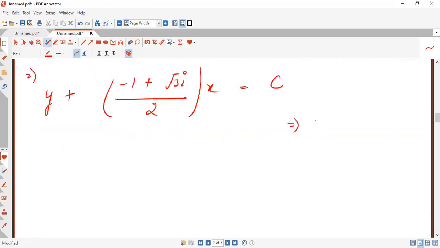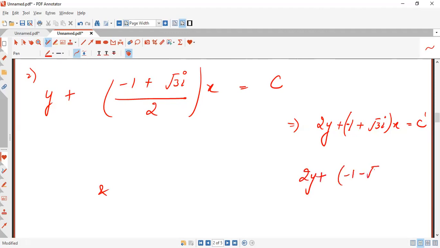Should I solve it like this? Find it out. y plus minus 1 plus root 3 iota of x equals to some constant. Similarly, there's just one difference.